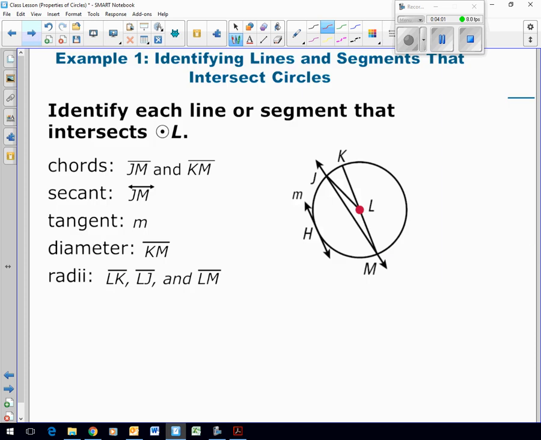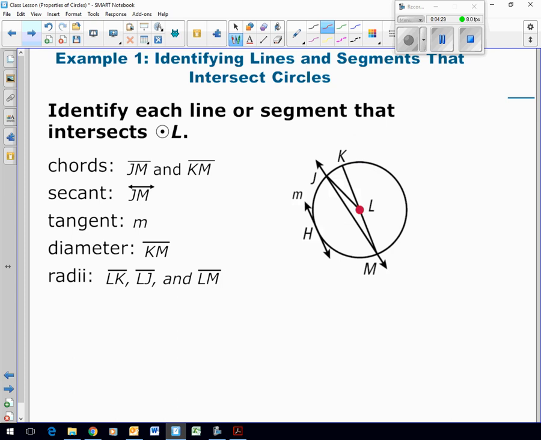All right. Real quick, let's identify each line or segment that intersects circle L. Chord: line segment JM. Let me turn the lights off, make sure y'all see this. The difference between line segment JM and line JM is the difference between a chord and a secant.